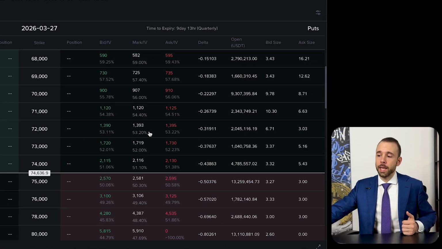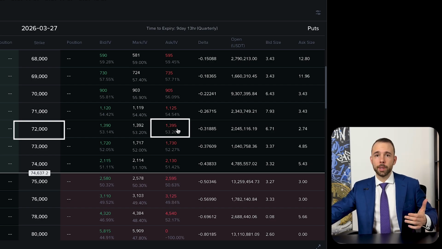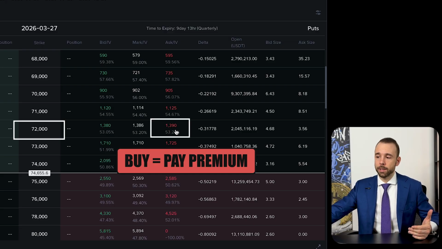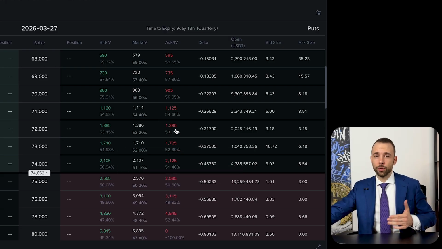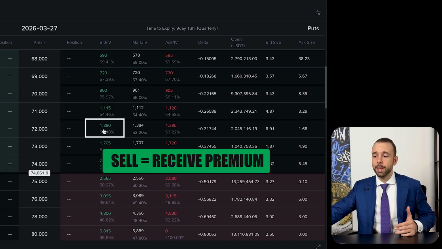So here you can see, if I would like to buy a $72,000 put option, I have to pay $1,395. So as you can remember, if I would like to buy, I have to pay. So this is the red price. And if I would like to sell the put option, I am going to receive the premium, so it's a green one.